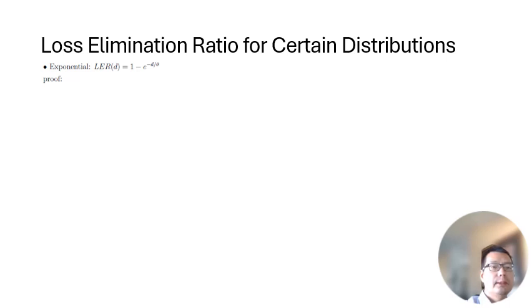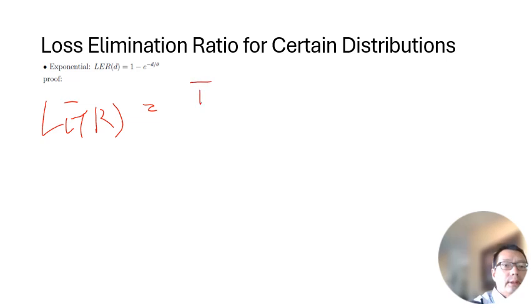First, for exponential, LER(D) will be equal to 1 minus e to the power of negative D over theta. Why is this? Let's prove it. LER(D). First, this is the formula we should know by now because we have been using it for a long time.